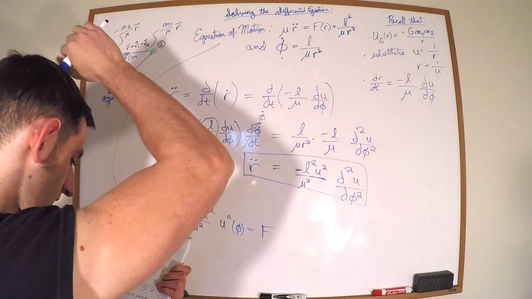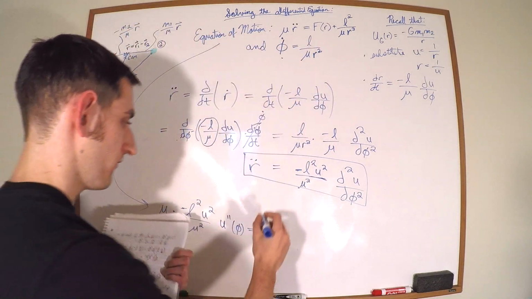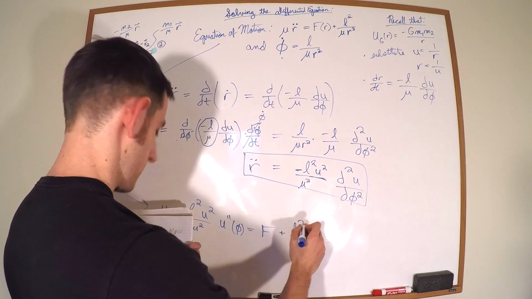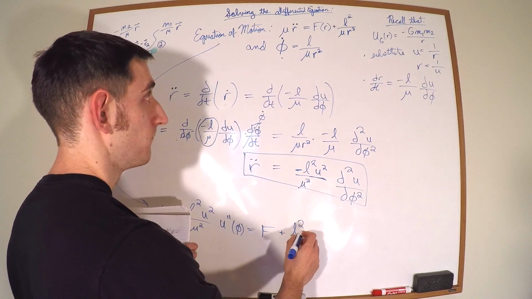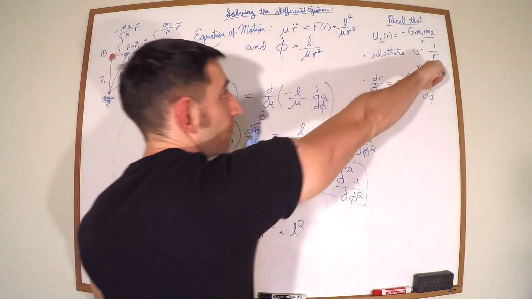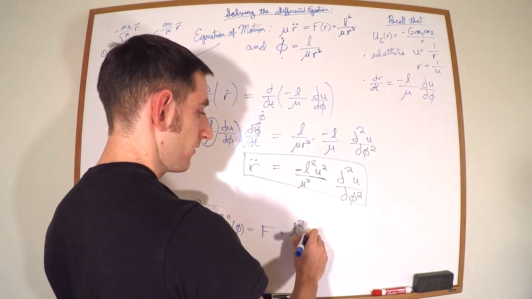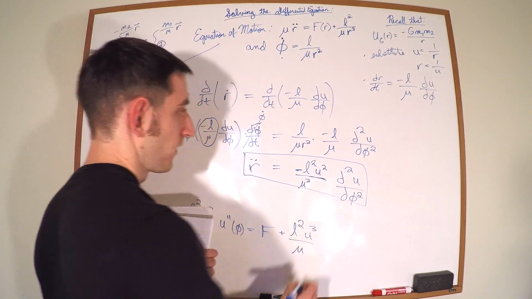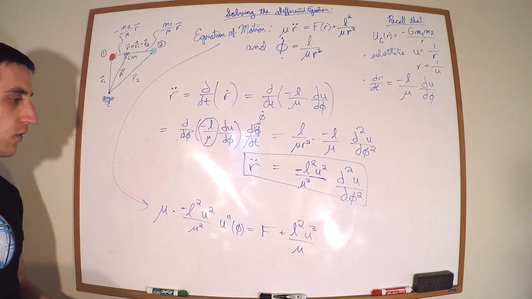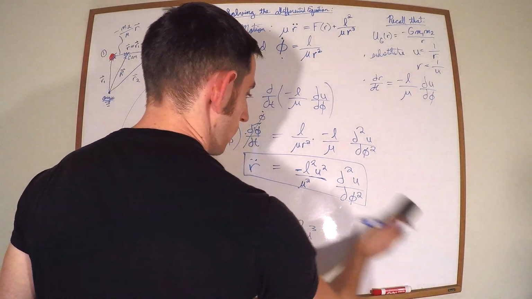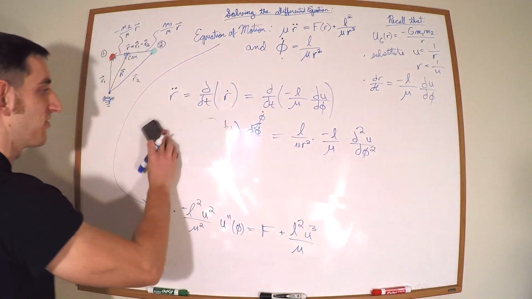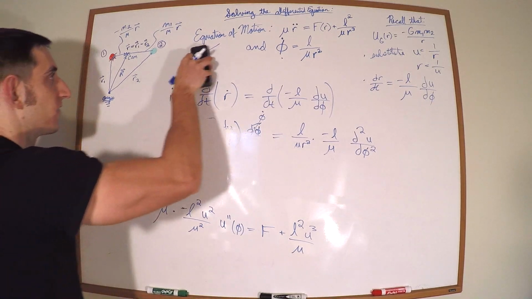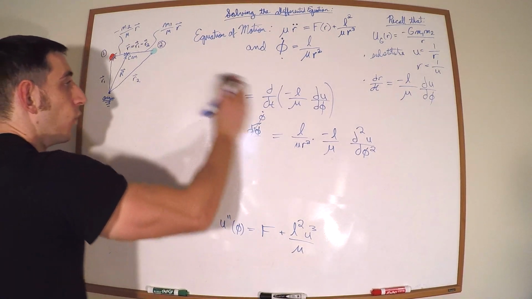What happened to that? Yes, that's going to be a positive L squared. We're going to take the r cubed. r cubed down there is u cubed, u cubed over mu.